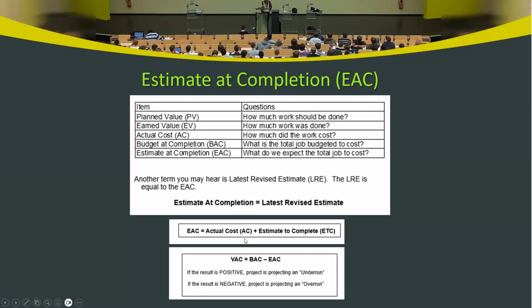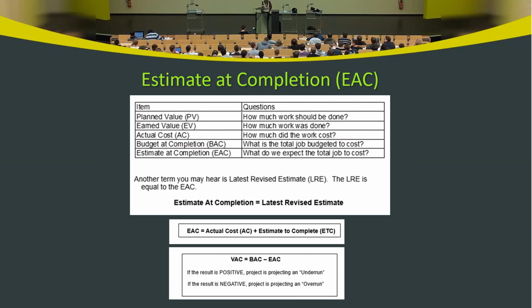And the formula, you can say EAC is equal to actual cost plus estimate to complete. EAC means you are at some time in the project timeline, looking at the project status.